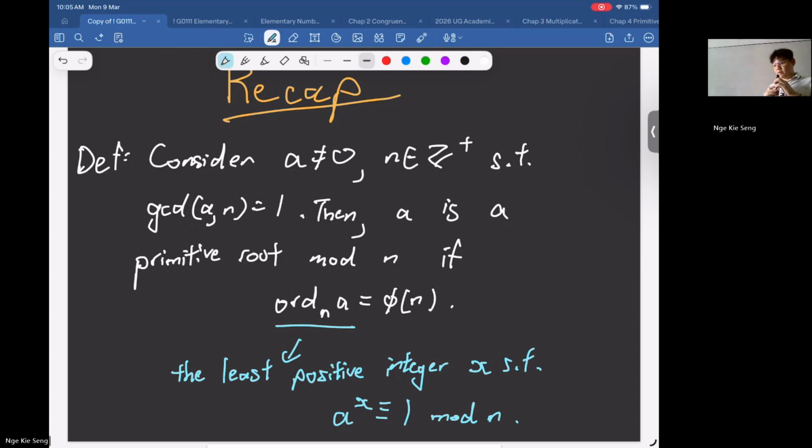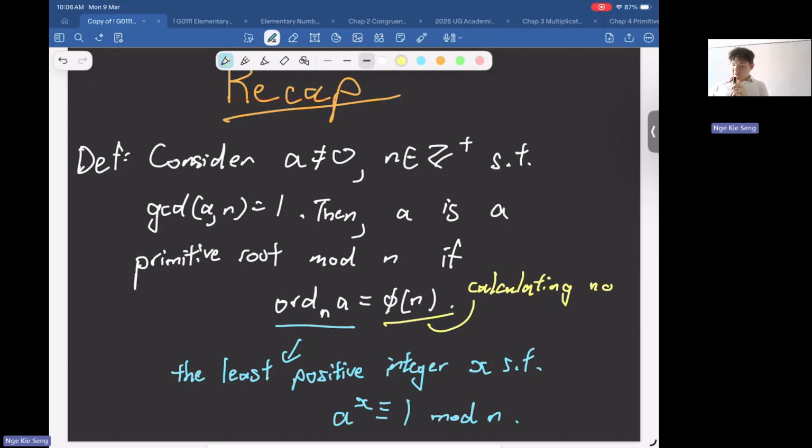Do you remember what phi n is? What function is this? The Euler phi function. So this is calculating the number of positive integers less than n that are relatively prime to n.